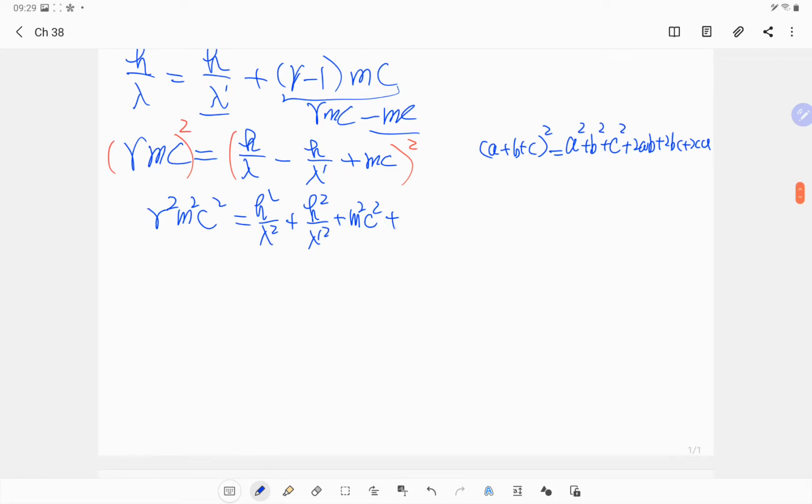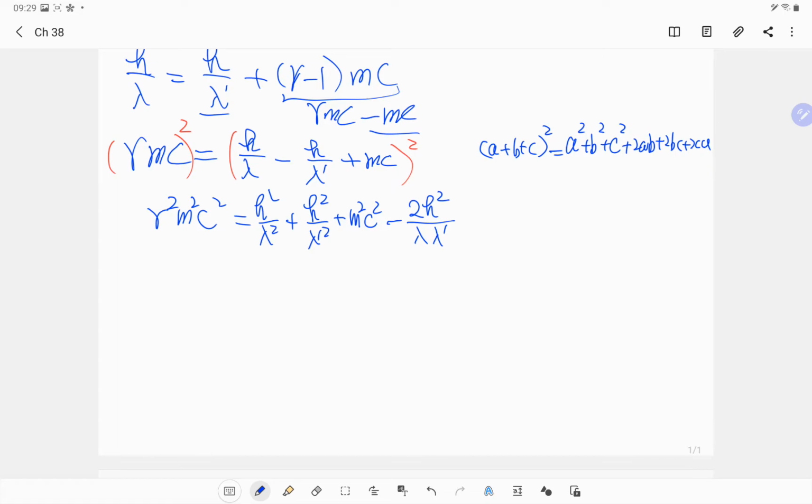So we should have 2h squared over, this should be a minus sign because this one is negative. So this one should be minus lambda prime.